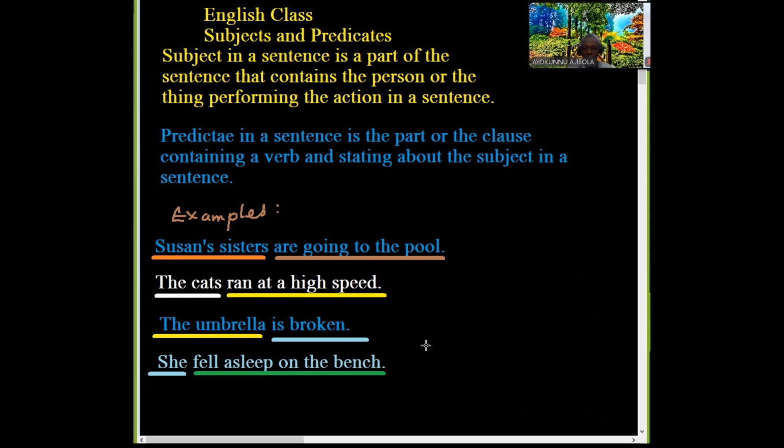Bench is a noun, okay? But it's not a bench that is doing something. The bench at times can become the subject. Maybe the bench is broken, okay? Exactly. The bench is broken.